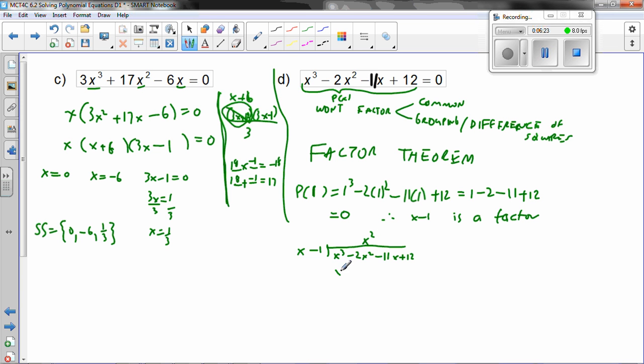x squared will do the trick here. Multiply the other terms, and then subtract down. Multiply x by negative x to get negative x squared, then positive x. Watch your signs when you subtract. And remember, the nice thing about the factor theorem is it's always got to work out.